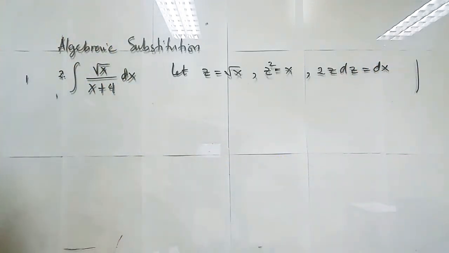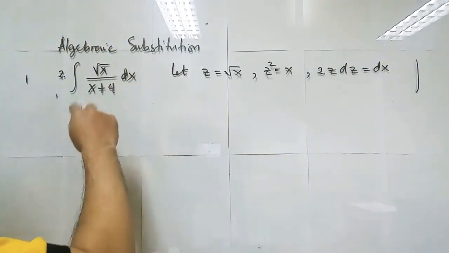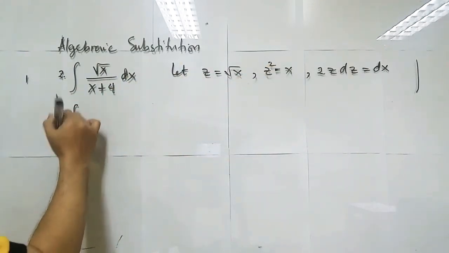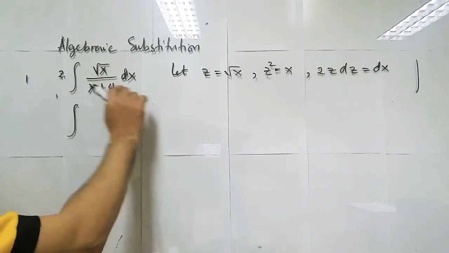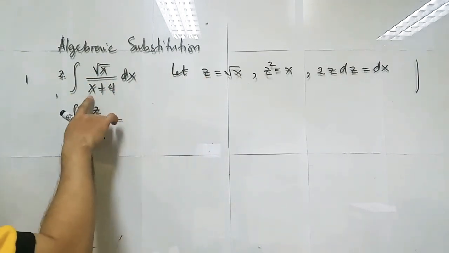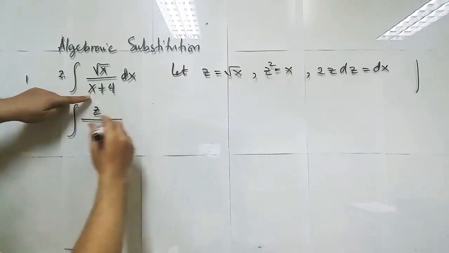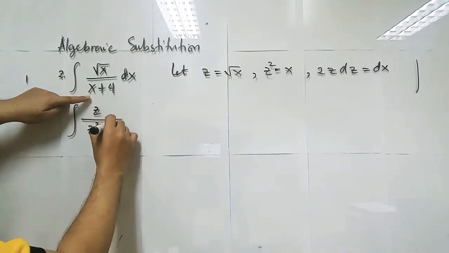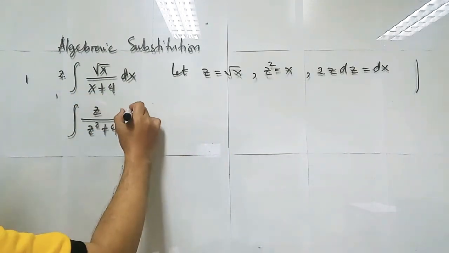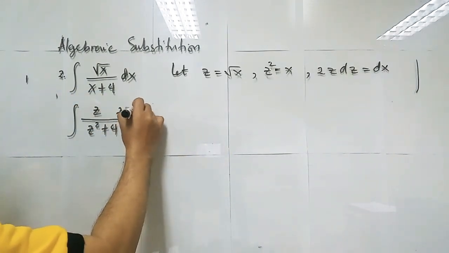This time substitute the value of x to z and then dx in terms of z. So instead of the square root of x, substitute z, divided by, instead of x, we have z squared plus 4, and then instead of dx, we have 2z dz.